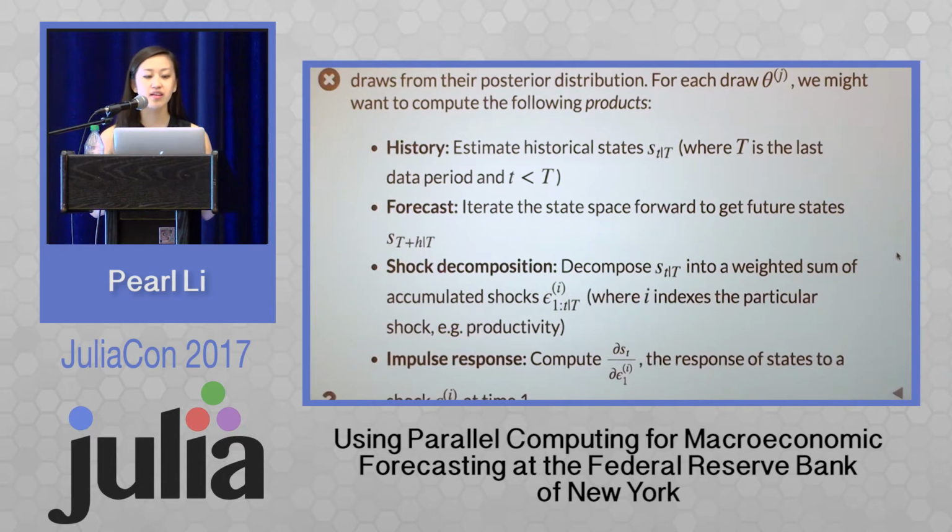In addition, we can compute what's called a shock decomposition, where we try to understand which shocks ended up driving the observed history of these estimated states. And we can also compute the response of each state to a uniform-sized shock at time 1. So these are all things that we want to do.